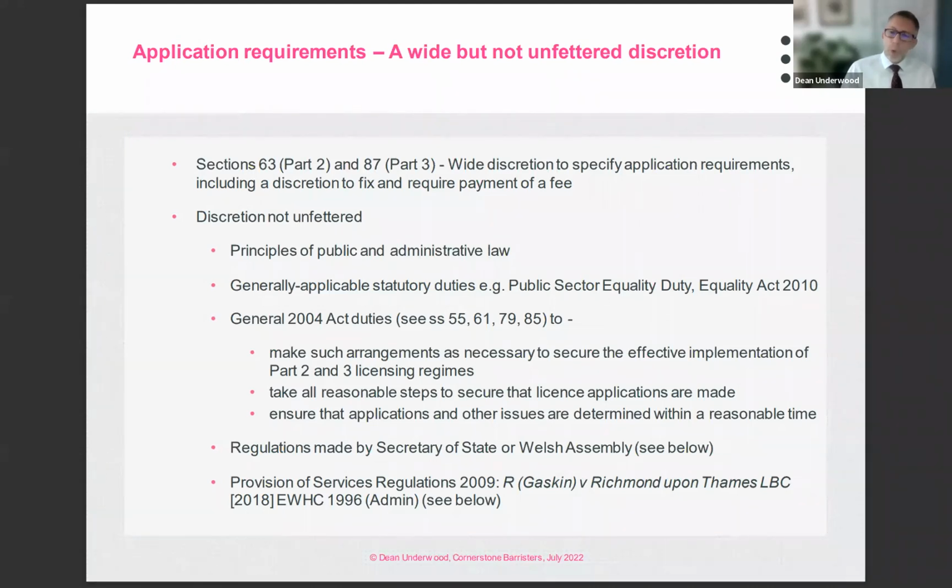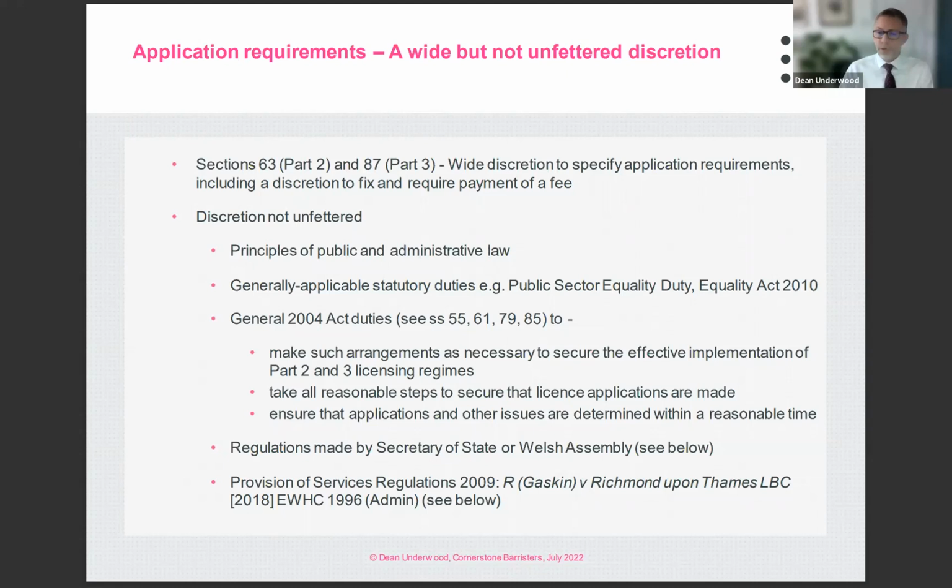The discretion must also be exercised in accordance with the authority's general 2004 Act duties, of which there are a number under the 2004 Act, for which see, for example, sections 55, 61, 79 and 85. So perhaps most relevantly, the first of those is to make such arrangements as are necessary to secure the effective implementation of Part 2 and 3 licensing regimes.